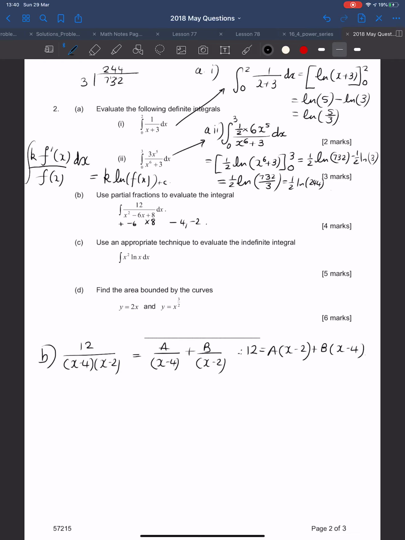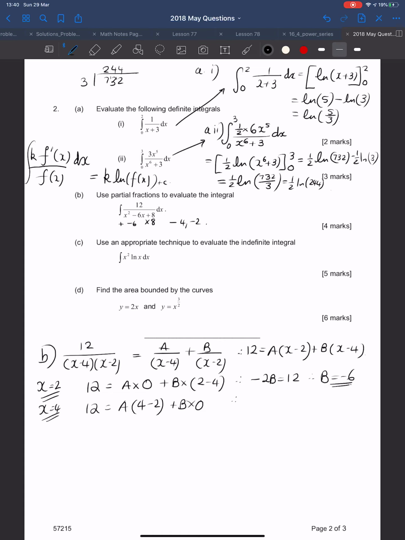So to work out the B, if we start by substituting x is 2, we get 12 is A times nothing plus B times 2 minus 4. So therefore minus 2B is 12, so B is minus 6. Then if we put x is 4, we have 12 is A times 4 minus 2 plus B times nothing.